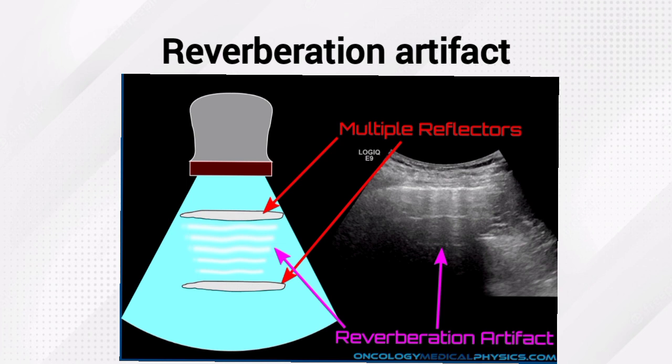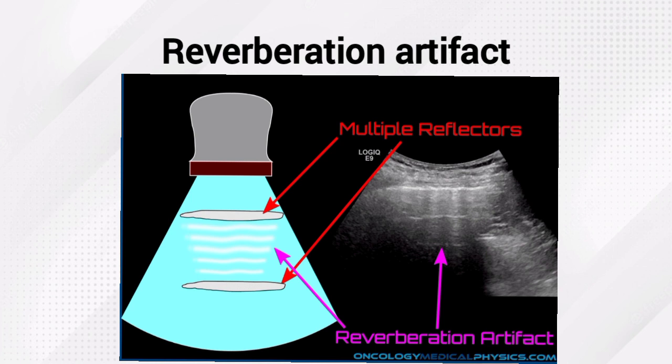Now, since each successive reverberative echo takes longer to be detected by the transducer, it is displayed deeper in the image. This phenomenon occurs when the sound beam is perpendicular to a strong reflector, such as a soft tissue to air interface or abdominal wall deep to a considerable depth of subcutaneous adipose tissue.